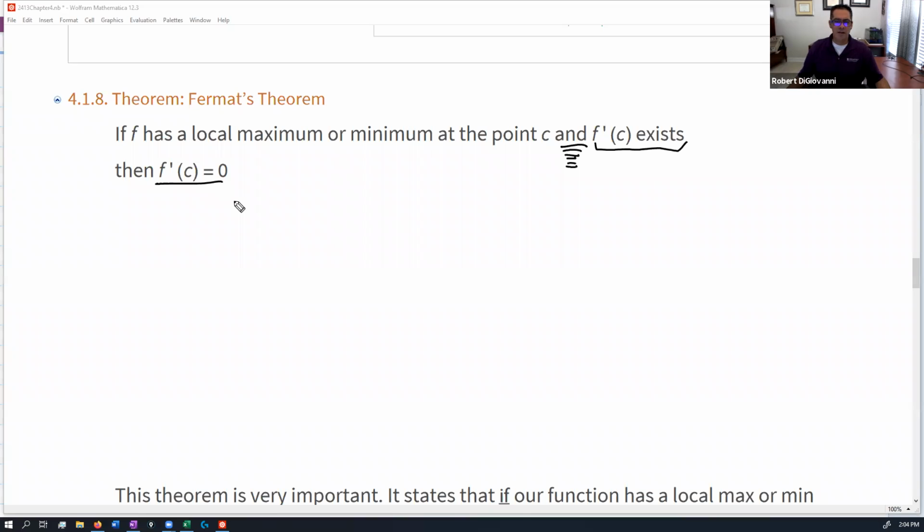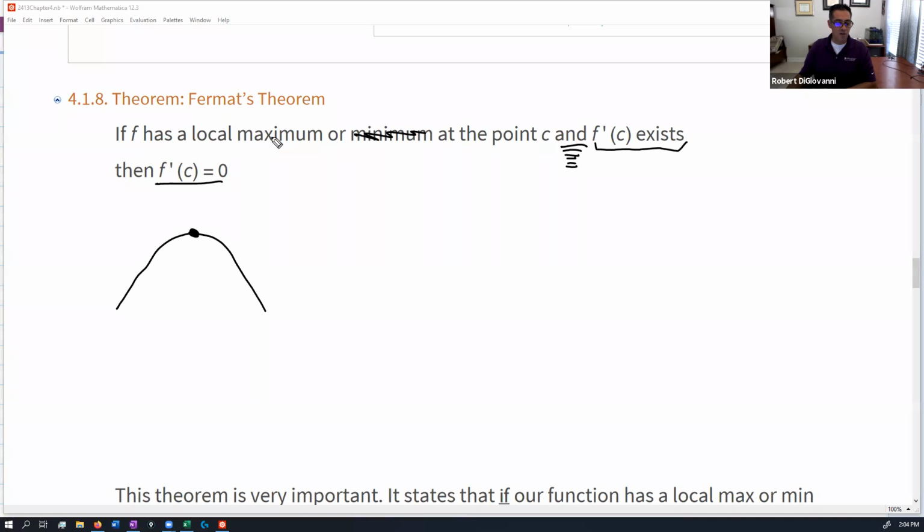Okay, let me try and explain what's going on here. I'm going to draw you a graph that has a local maximum. Do you agree that that graph has a local maximum? Yes? The local maximum is right there, right? That's where it occurs. So the theorem says if you have a local maximum, let's not worry about minimum for right now, just this picture.